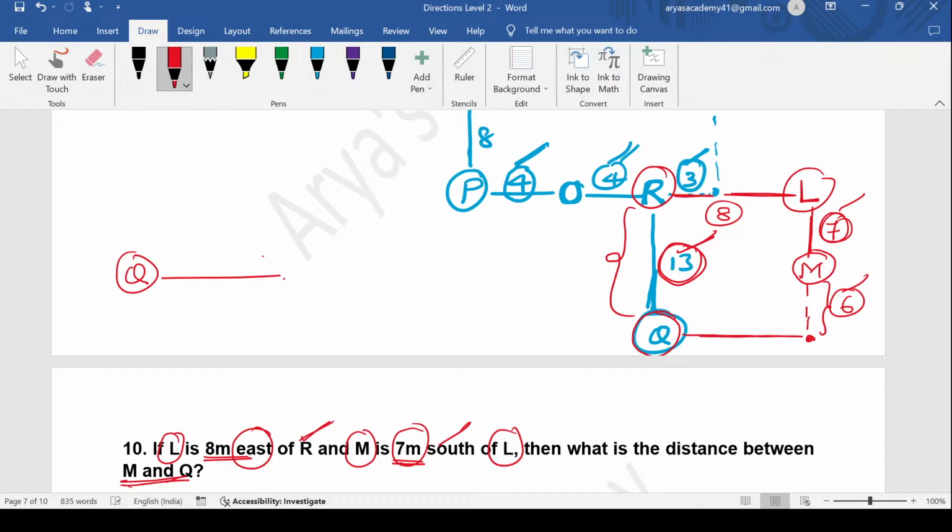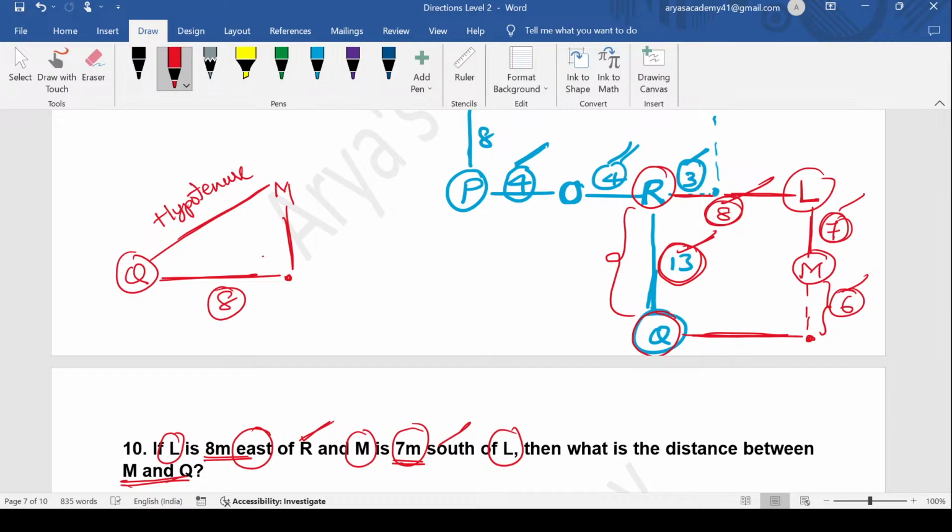If you look at points Q, M, and there is an unknown point over here, they're asking you what this particular distance is. It is nothing but the hypotenuse. You have to find out this distance and this distance. You already know this particular distance. It is equal to this distance, right? 8. If that is 8, this also will be 8. So this is 8.